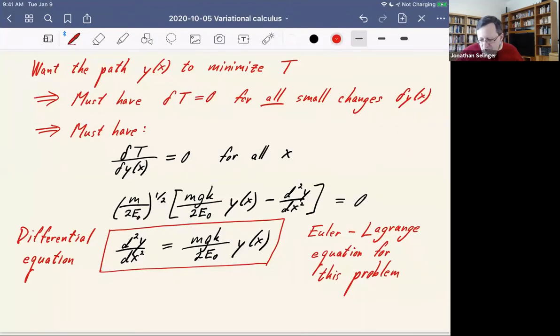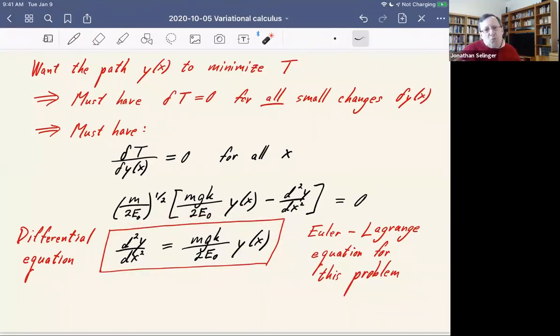So in any variational calculus problem, when you reach this point, when you derive the equation which says functional derivative equals 0, that is called the Euler-Lagrange equation for this problem. Okay, so here, the Euler-Lagrange equation for the bobsled race is this expression right here.